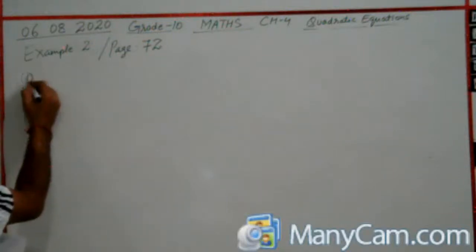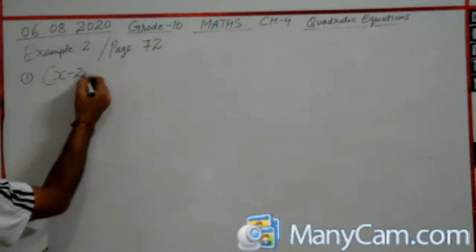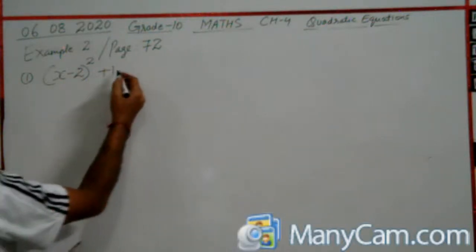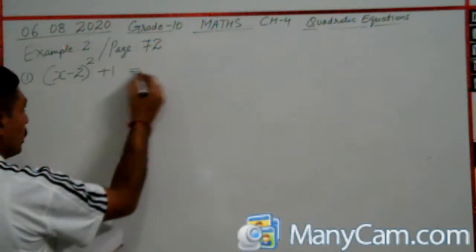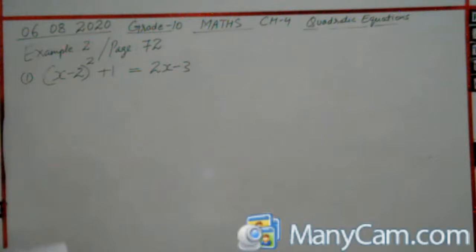Check whether the following equations are quadratic or not. The first equation is (x minus 2) whole square plus 1 is equal to 2 times (x minus 3).